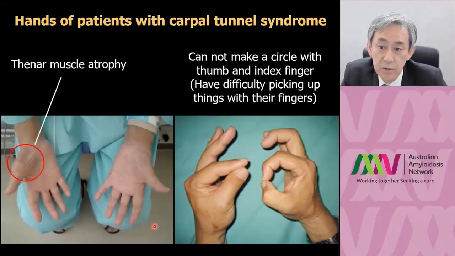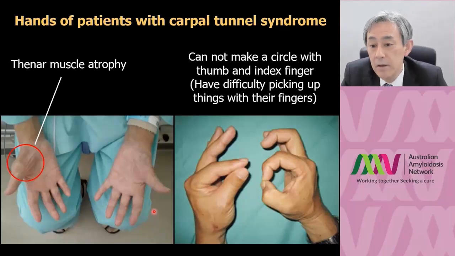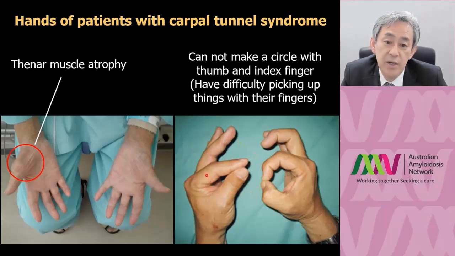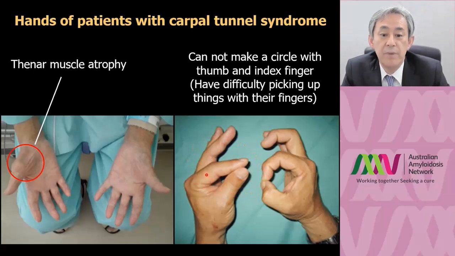This slide shows hands of patients with carpal tunnel syndrome. You can see finger muscle atrophy like this, and patients cannot make a circle with thumb and index finger, and have difficulty picking up things with their fingers.